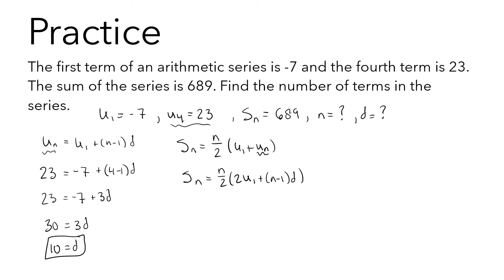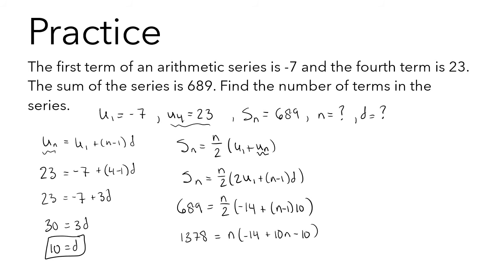Okay, now let's fill in what we know. I know S of n is 689, and then I've got n over 2 times 2 times u1, where u1 is negative 7, so that's negative 14, plus n minus 1, and I know d is 10. Let's do some simplifying. Multiply by 2 on both sides gives you 1378 on the left, equals n times negative 14 plus 10n minus 10.